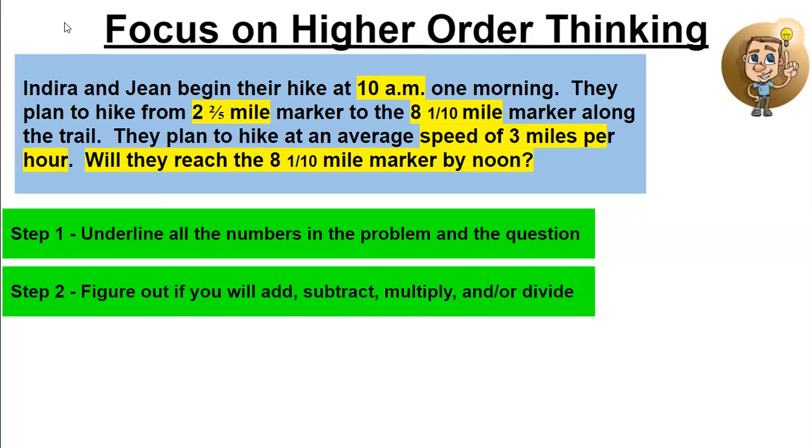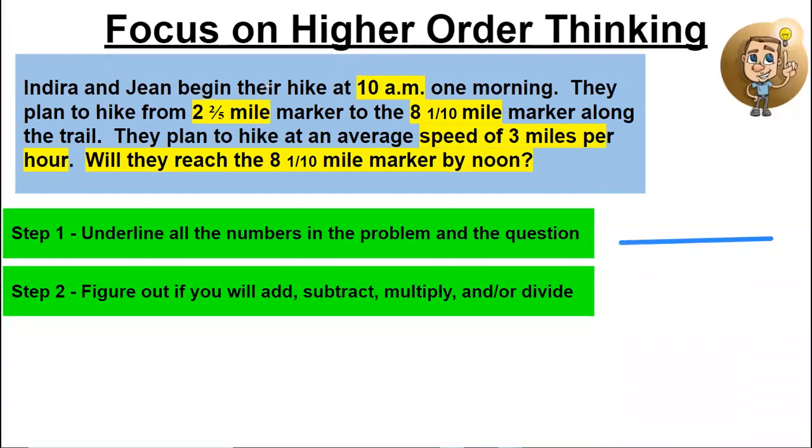What do you think? Well, if they're starting here at 2 2/5 and they have to get to 8 1/10, we have to figure out how far. Let me just draw a little line here. So if we have 2 2/5, and they have to get to 8 1/10, we have to see how far away it is from here to there.